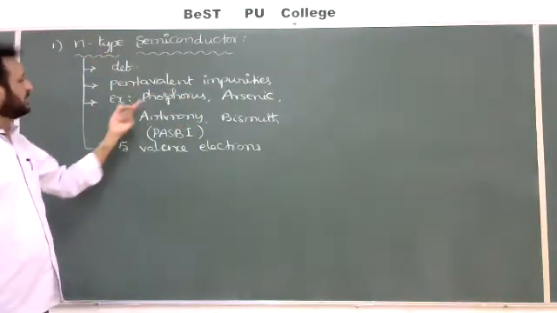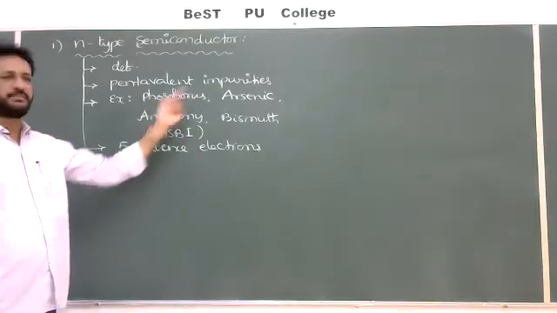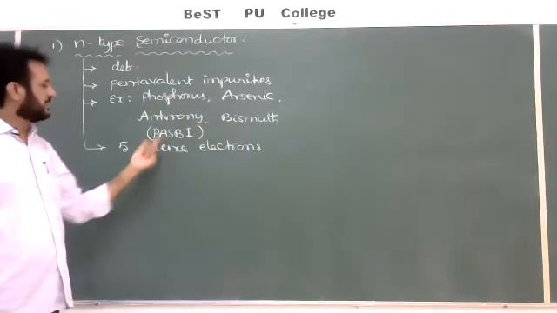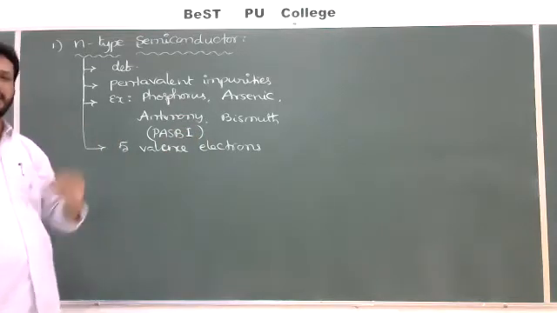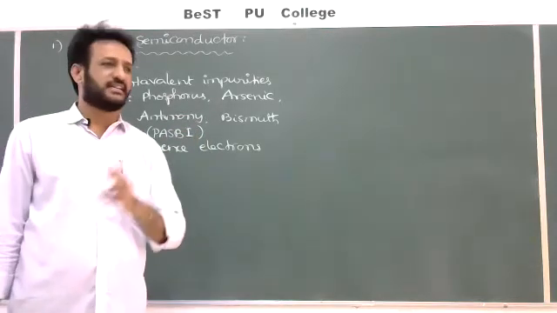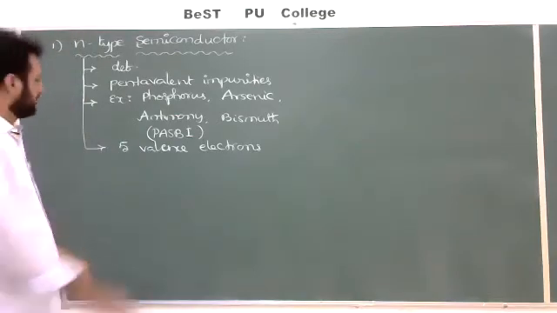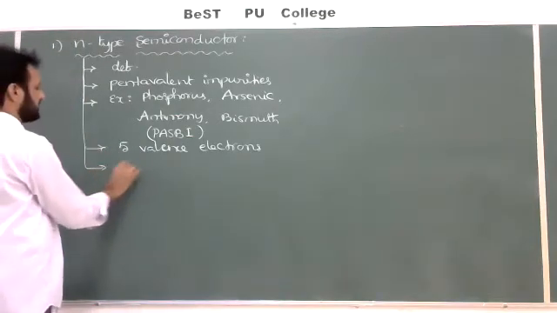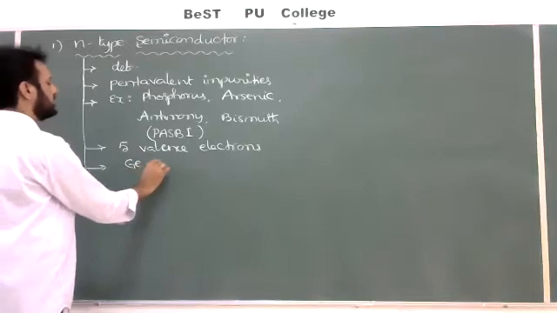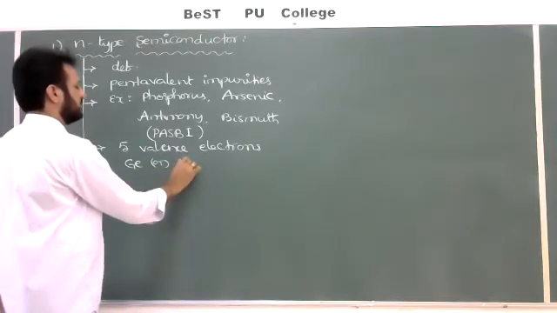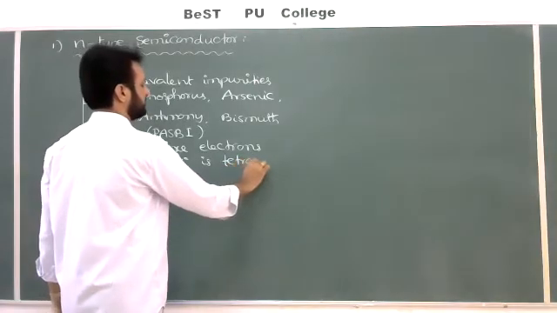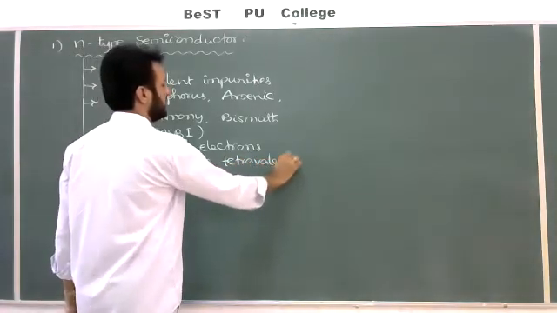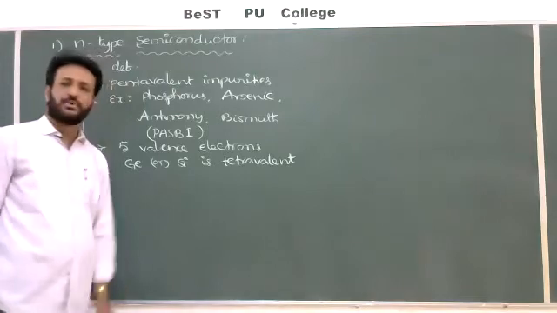Here the examples, phosphorus, arsenic, antimony, bismuth, contain 5 electrons in the outermost orbit, or 5 valence electrons, whereas germanium or silicon is tetravalent, with 4 valence electrons. So actually germanium or silicon is tetravalent. Tetravalent means it contains 4 valence electrons.